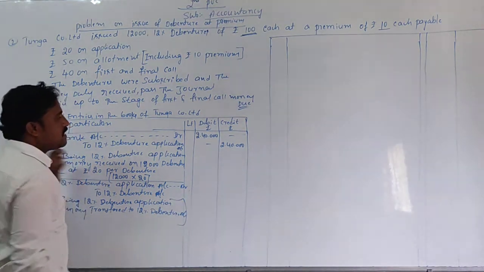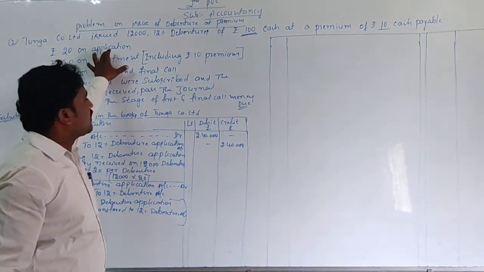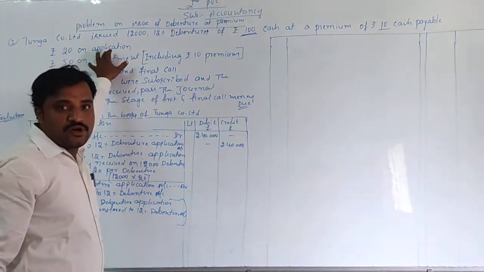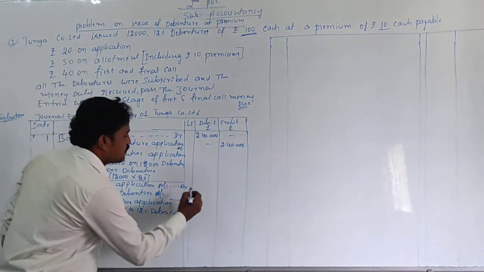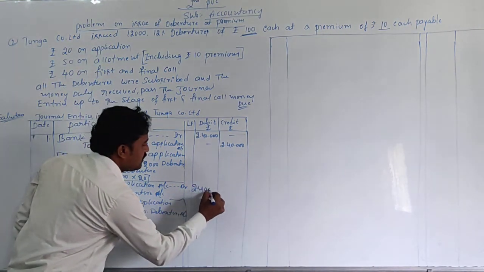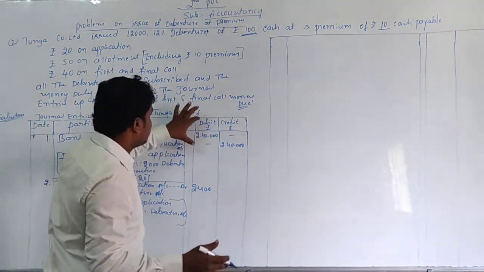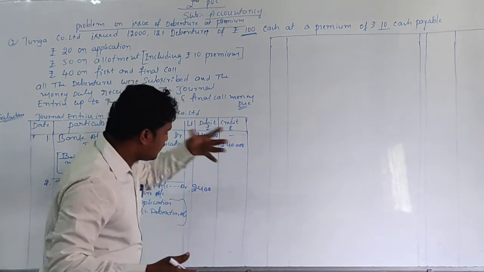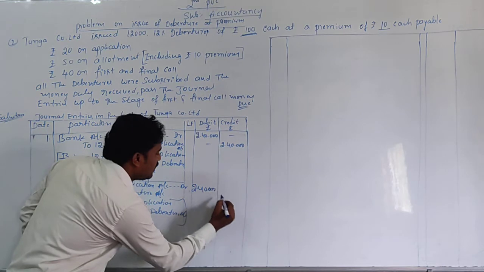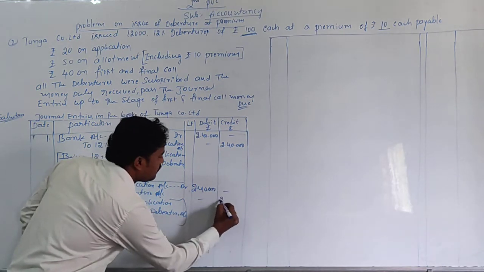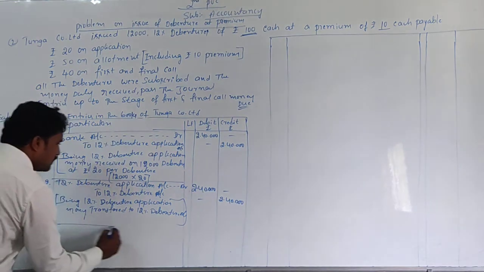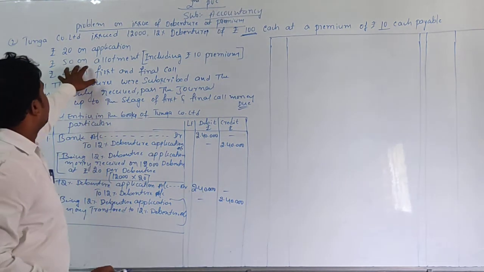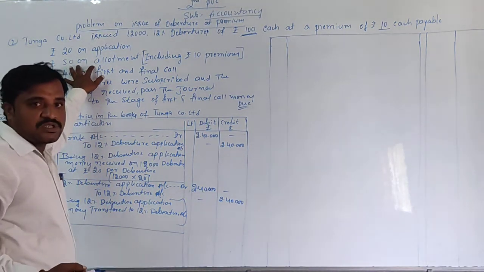So whatever the received amount on application stage, that is the due amount. First we received 2,40,000, then we transferred 2,40,000.